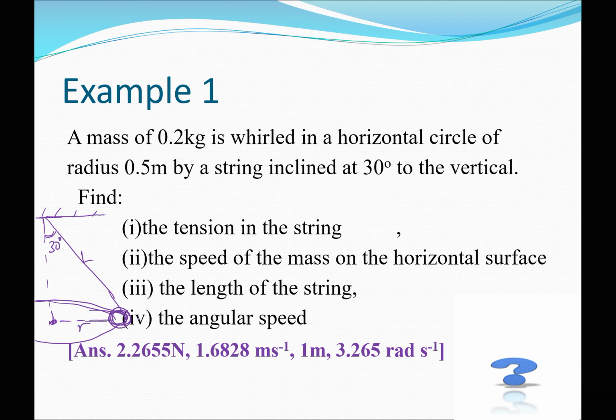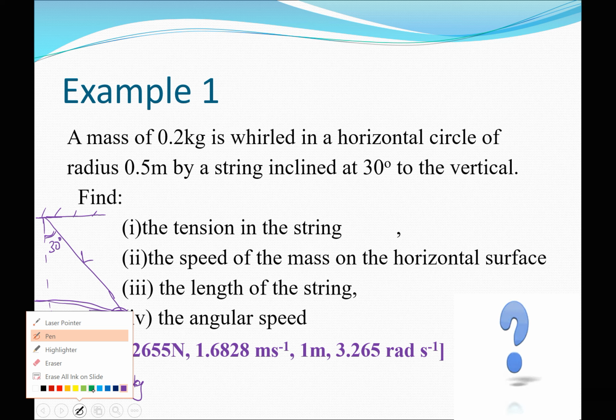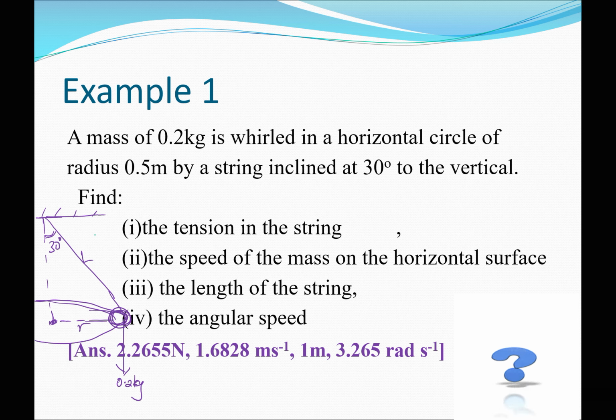So the mass is, sorry, 0.2 kilograms. So the force acting down is 0.2 times g, where g is acceleration due to gravity. Let me change the color to green. So there is tension in the string, and we can resolve the tension vertically upwards.